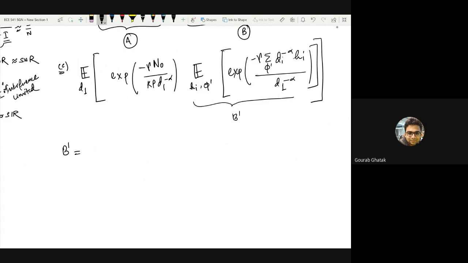At this point we can break this exponential of the sum into a product of exponentials.